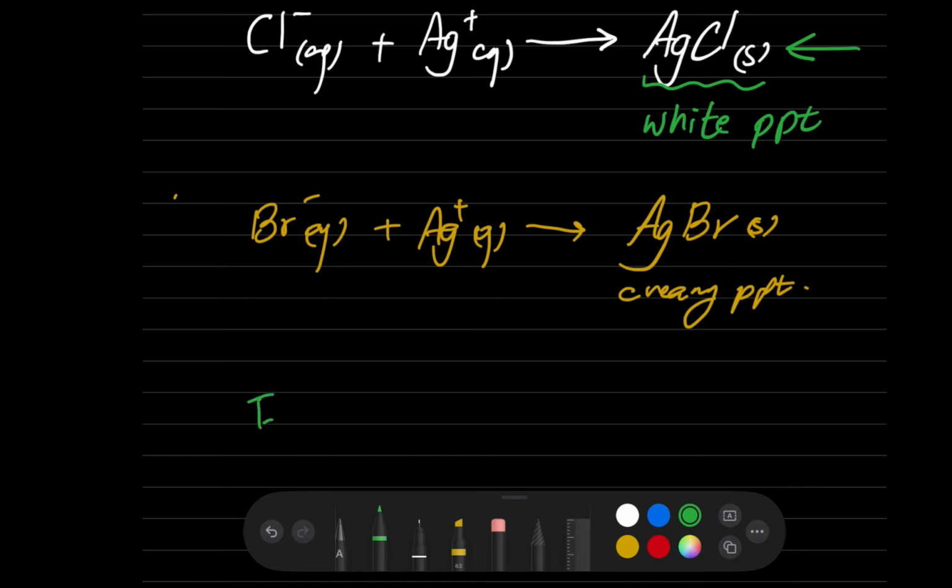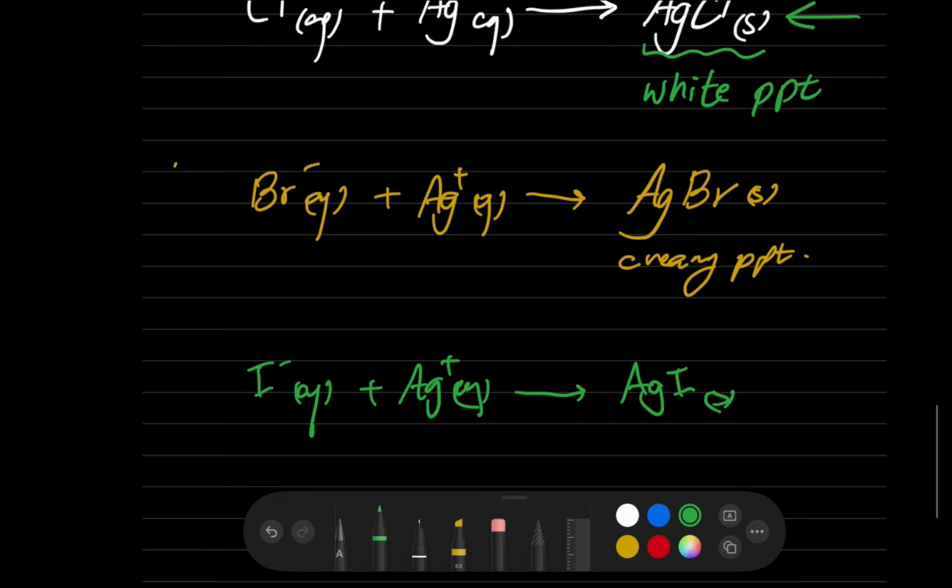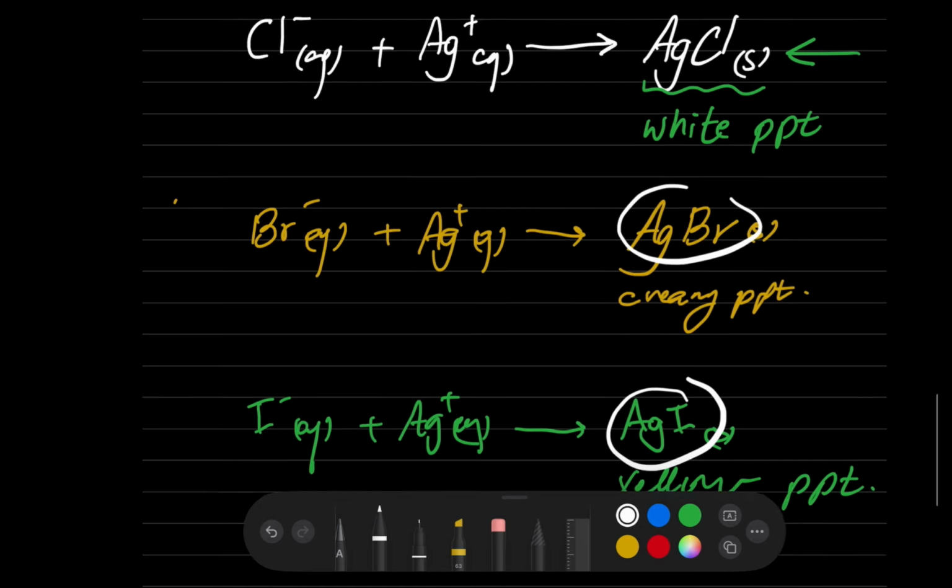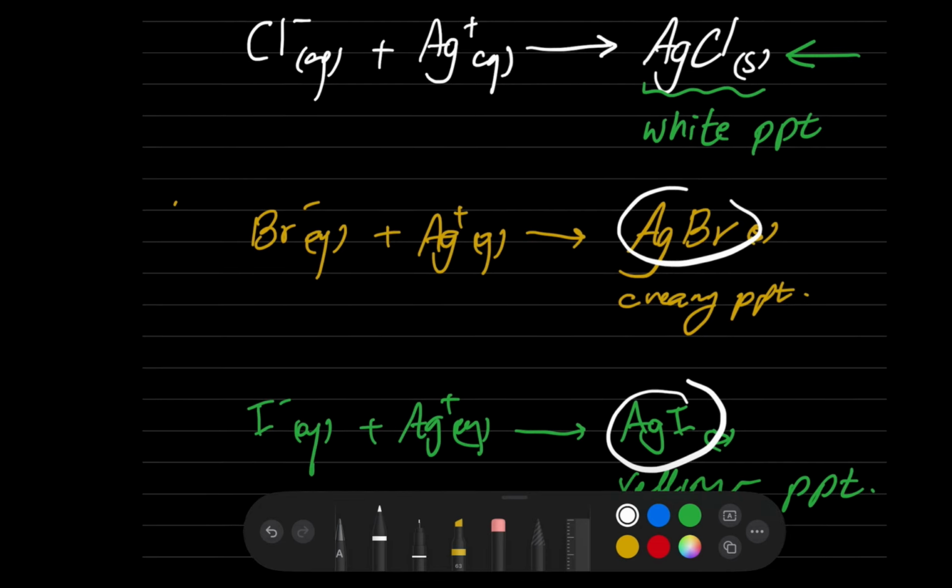And finally, if we have iodide in aqueous form, it reacts with Ag+ in aqueous form as well, leading to AgI in solid state, in this case a yellow precipitate. The color of the precipitate can tell us a lot of information about the type of halogen that we have.